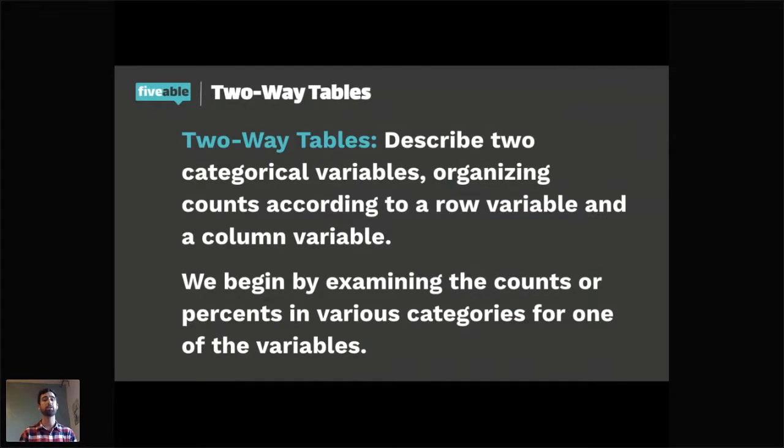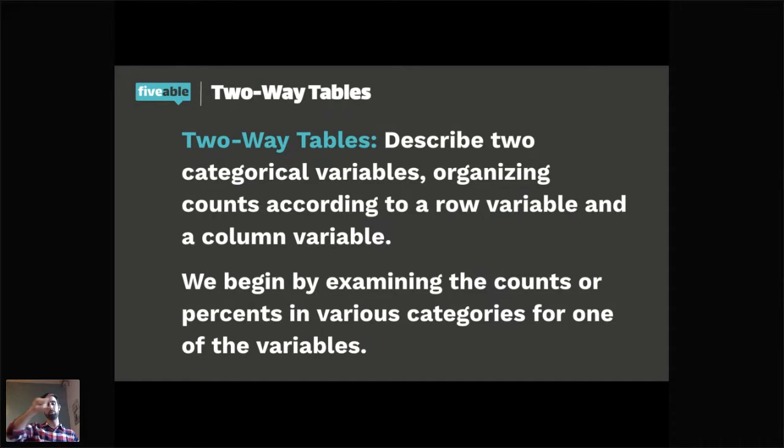All right, another huge part of categorical data is called a two-way table. A two-way table describes two categorical variables organizing counts according to a row and a column variable. So we have two different types of variables. One is in a row and one is in a column. We begin by examining the counts or the percentage in various categories for one of the variables.